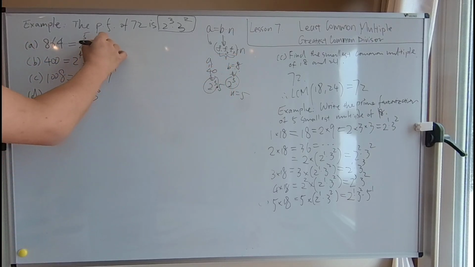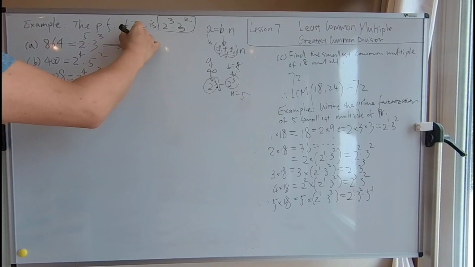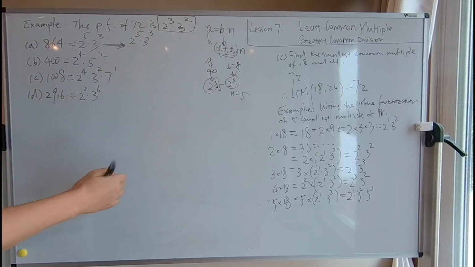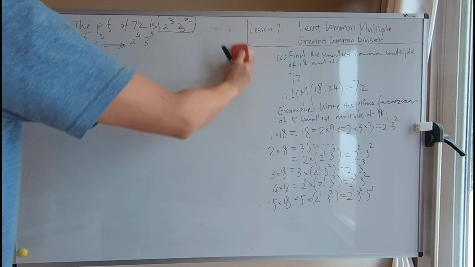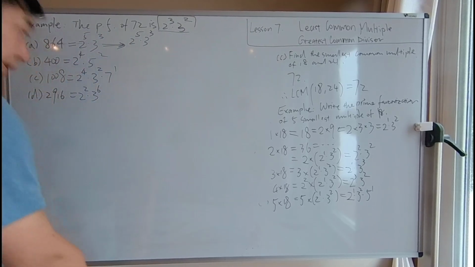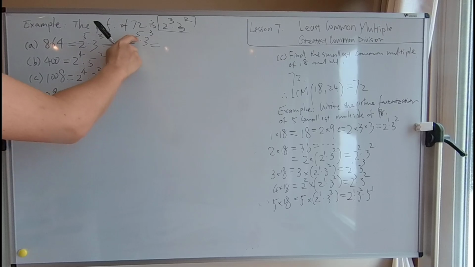Okay, so back to the first example, the factors are 2 to the power of 5, 3 to the power of 3. In this example, let me write it in this way to be more clear. First of all, remember what we learned in exponents.